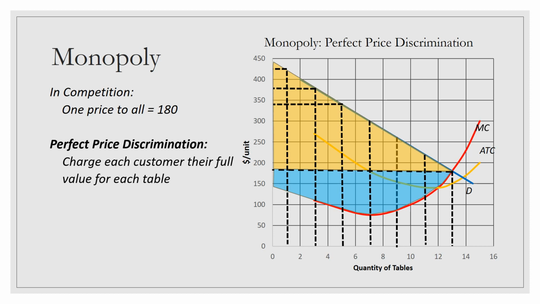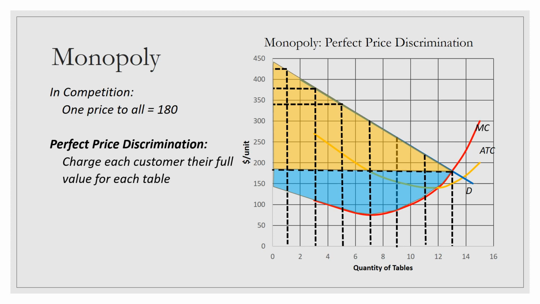That's why talking about allocation leads us into all kinds of interesting moral discussions. In this particular case, what we're looking at is, suppose that the rules are different. Suppose that in this case, the producer is able to charge the full value that each consumer receives.